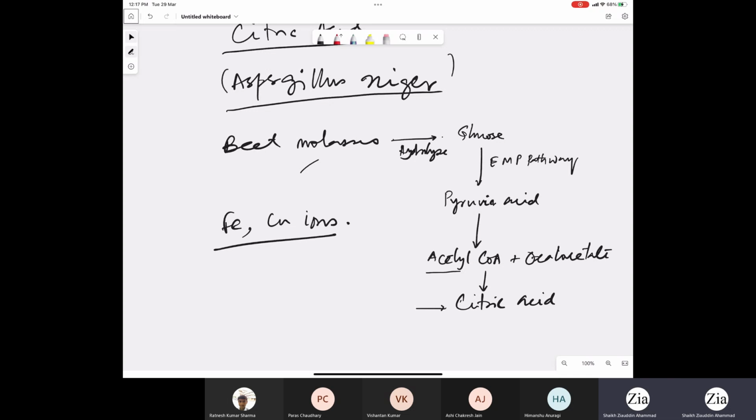Ferrocyanide is one of the common chemicals used for removal of iron from the liquid. So you will have an iron-free system, and this iron-free system will essentially help you get this conversion of glucose to citric acid.